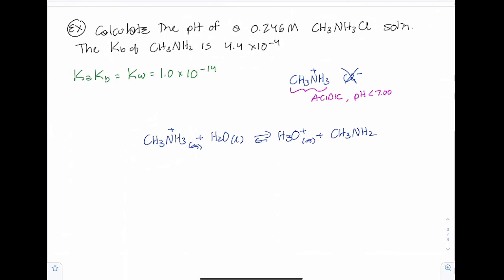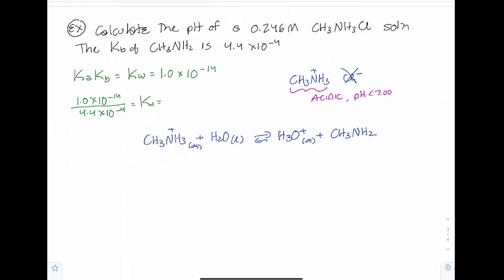So to calculate my Ka from that Kb, I'm simply going to divide this number into this. So 1.0 times 10 to the negative 14th divided by my Kb is going to give me my Ka, and I'm grabbing my calculator here.